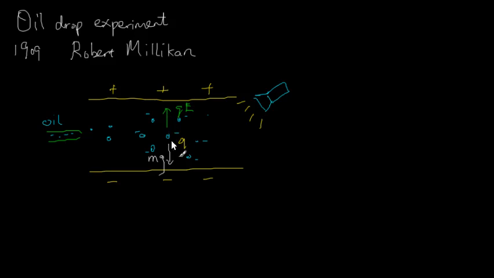It stops going up or coming down. It might still drift sideways a bit. So it's very tedious, but it can be done, and it has been done in 1909 by Robert Millikan, and today probably at universities as part of undergraduate practical experiments.